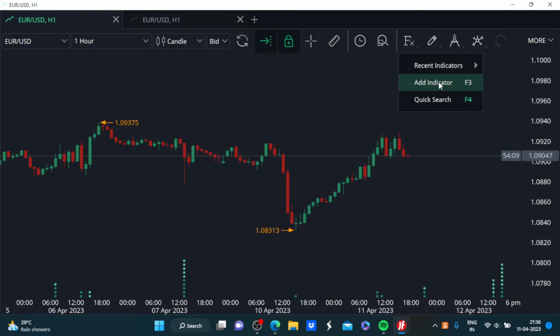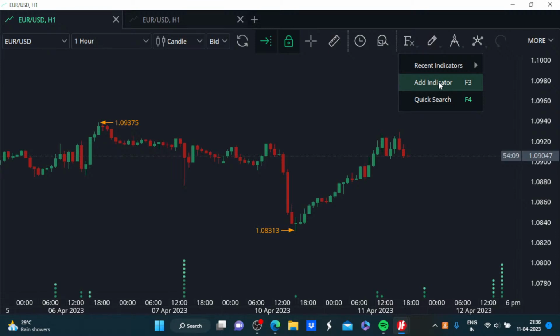Oops, it's a bit slow, I think. Let us wait for a few more seconds, and we should have the list ready for us to explore, where we can find this indicator listed.